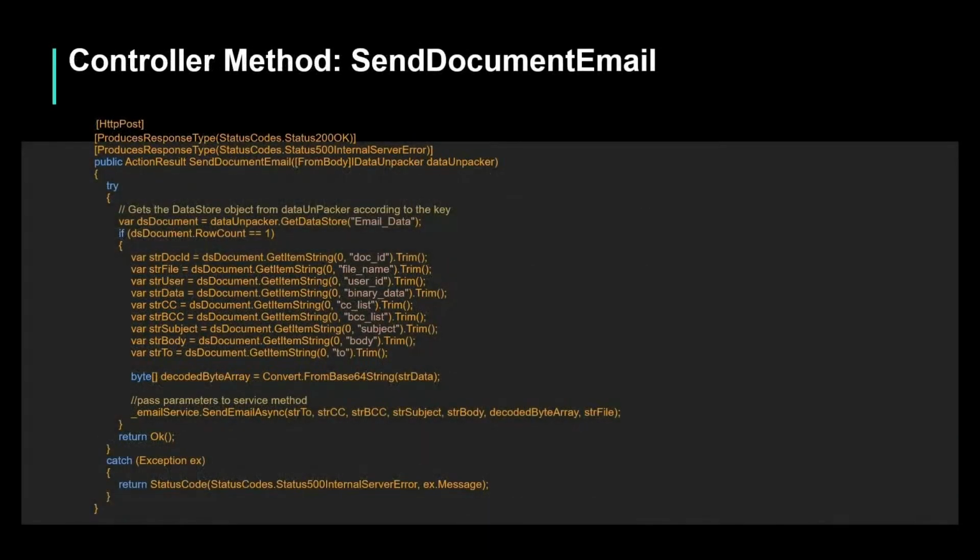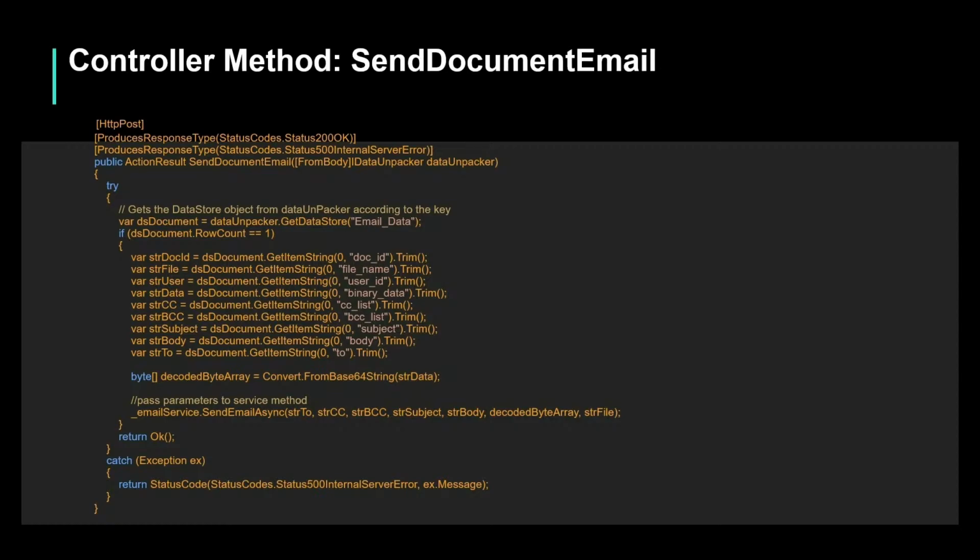So this is an example of some code in the controller for the API called send document email. You can see that I'm unpacking a data store of email data, extracting individual columns or values for columns that are part of that data store.